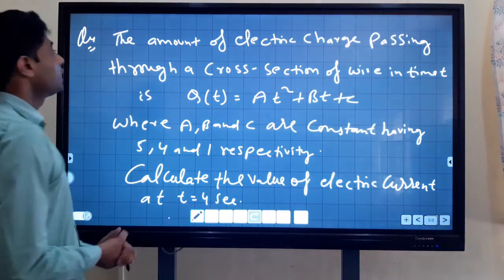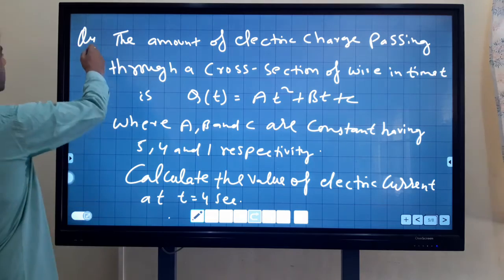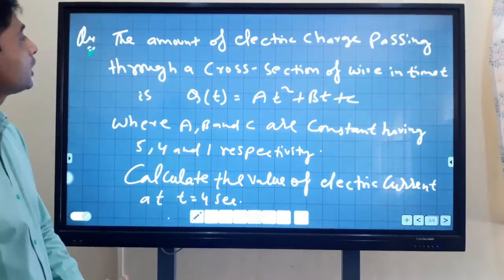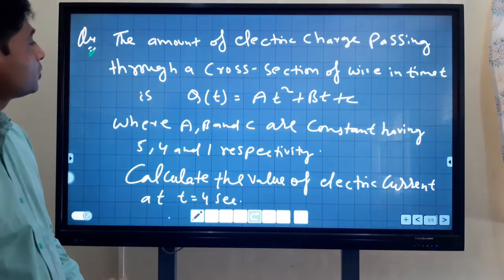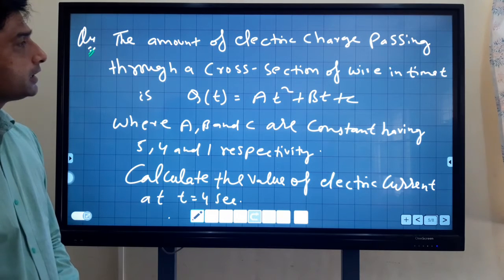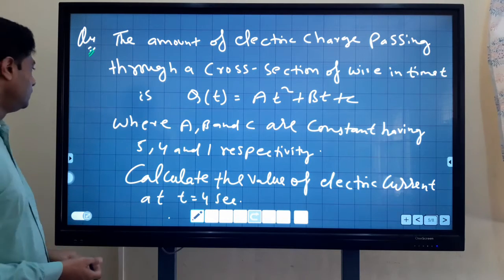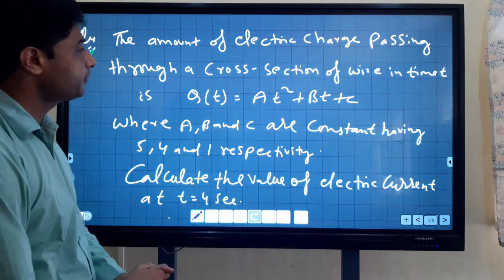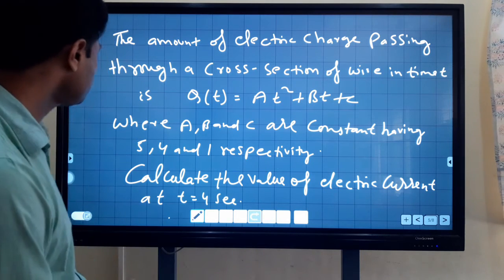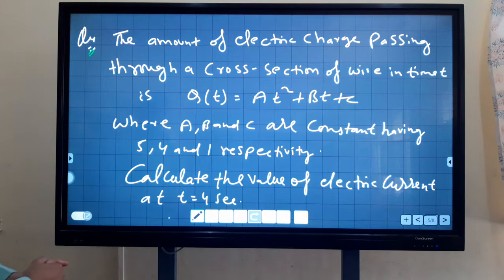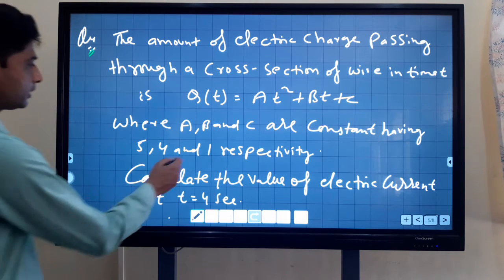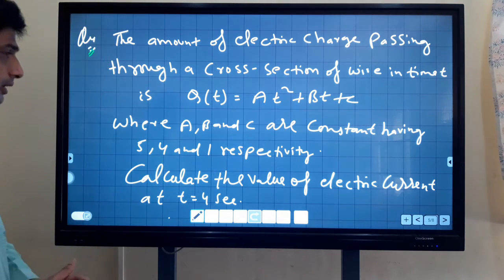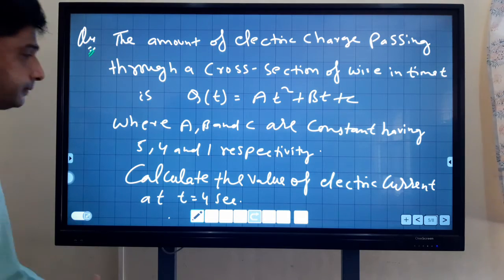Now, this is a numerical based on charge and current. The amount of electric charge passing through a cross section of a wire in time t is Q equals A t square plus B t plus C, where A, B, C are constants having values 4, 5 and 1 respectively. Calculate the value of electric current.